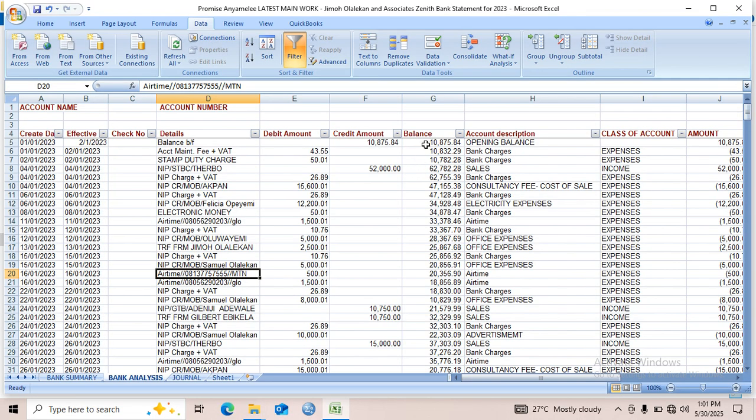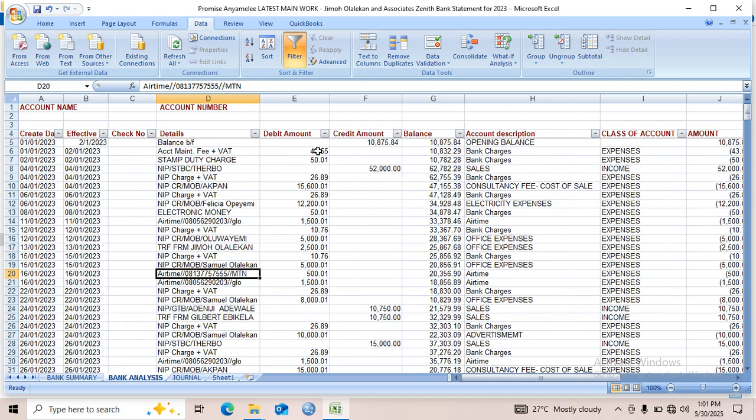And basically in the debit side, the money that will be there is normally your expenses, because obviously you are paying money out, and money is going out of your account. So you either pay money for expenses, or maybe for assets. You are purchasing assets.